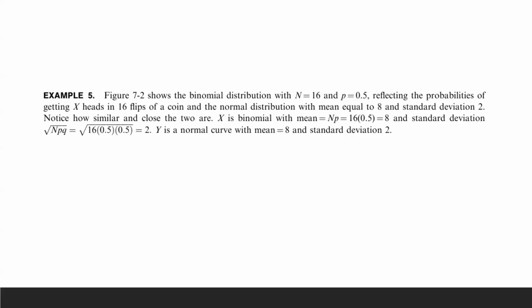X is binomial with mean np. Np means 16 multiplied by 0.5, and the answer is 8. The standard deviation is the square root of npq, and the value is 2. Y is a normal curve with mean 8 and standard deviation 2.